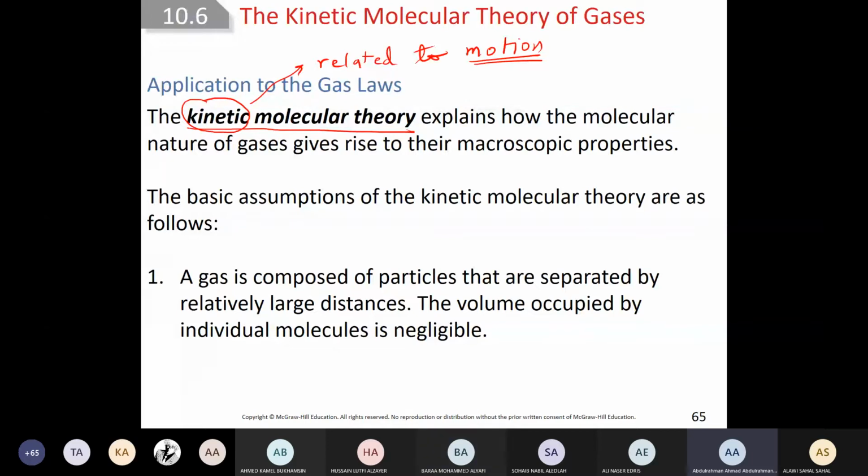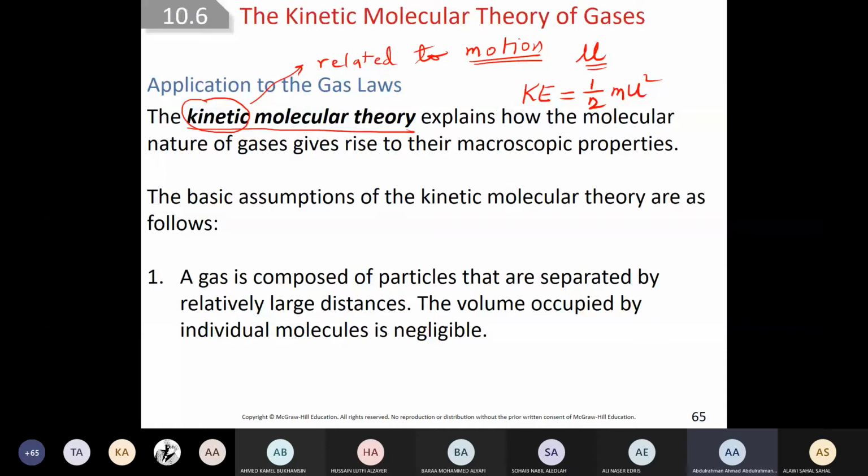Energy and speed. We're going to use u for speed. Everybody knows that the kinetic energy equals half m v squared. We're going to use u here: half m u squared. So u is the speed.